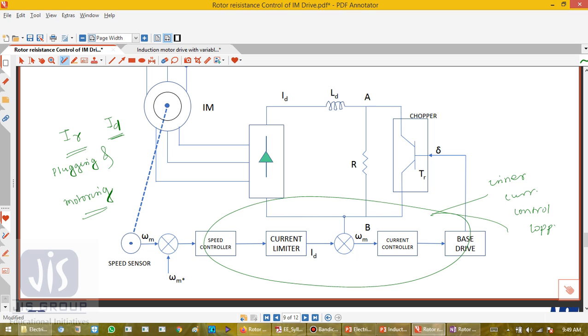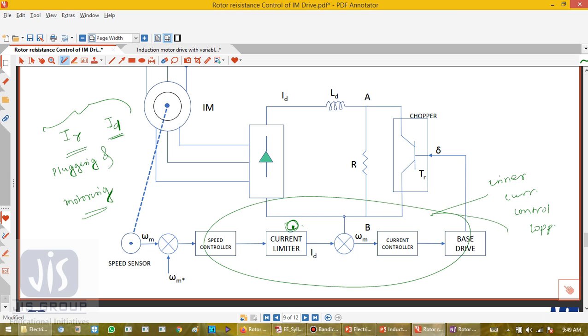The setting is such that at this constant current it is made to saturate, which results in the drive accelerating and decelerating at maximum torque.